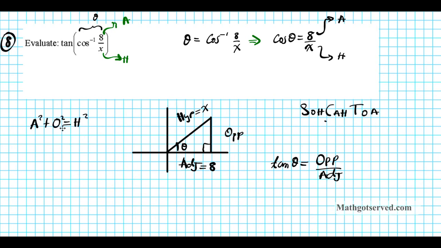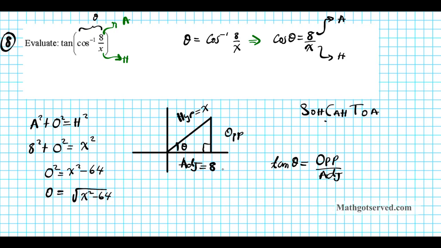Let's plug in what we know. We know that adjacent is 8 squared. Opposite, we have no idea what that is. And the hypotenuse is x squared. Now let's go ahead and isolate O. O squared is equal to x squared minus 64. And then O is equal to the square root of x squared minus 64. So that's our opposite right there.